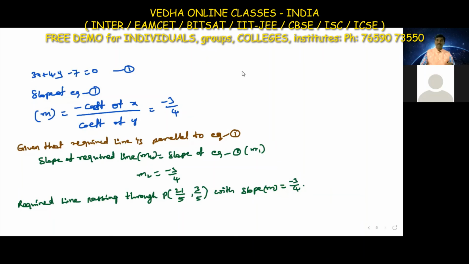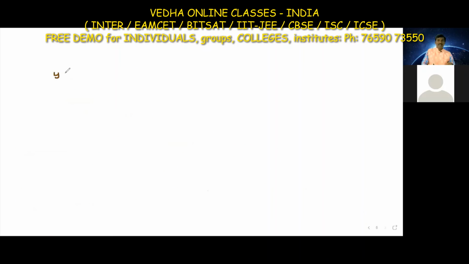What is the formula here? The formula is y minus y1 is equal to m into x minus x1.